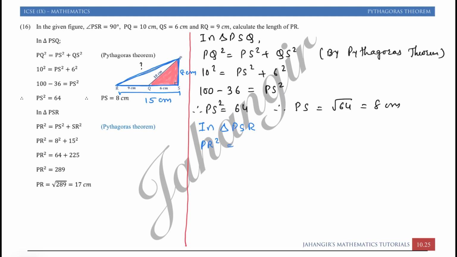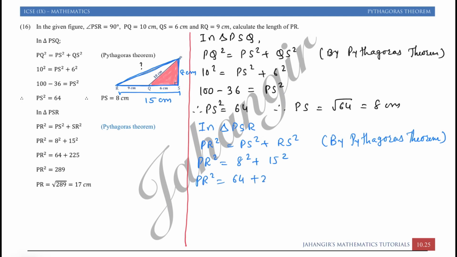PR square is equal to PS square plus RS square by Pythagoras theorem. PR square is equal to 8 square plus 15 square. PR square is 64 plus 225, that is equal to 289. PR is equal to square root of 289, which can be written as 17 centimeter.